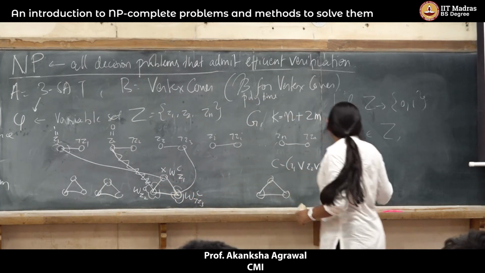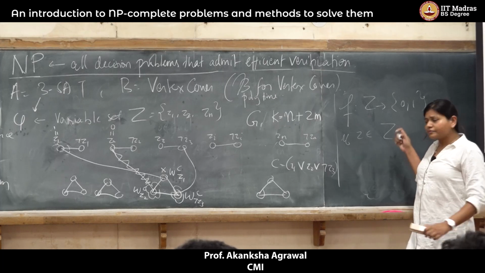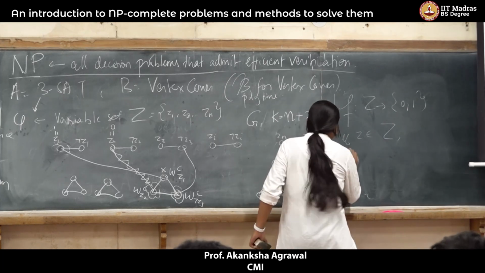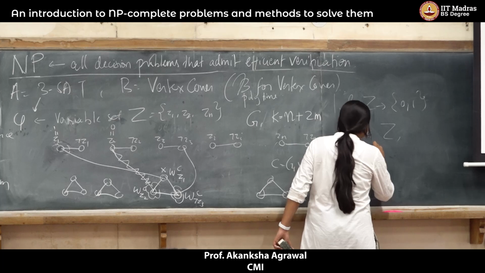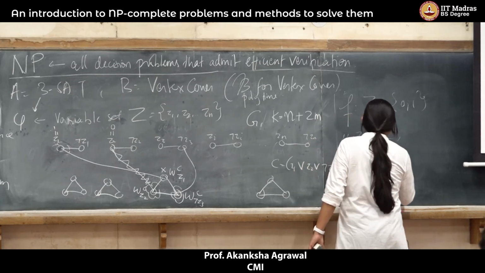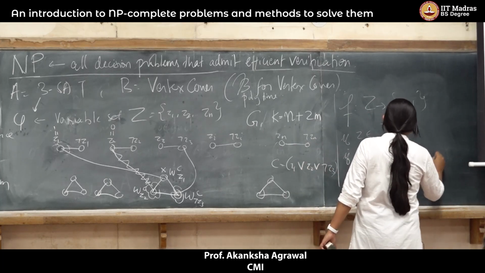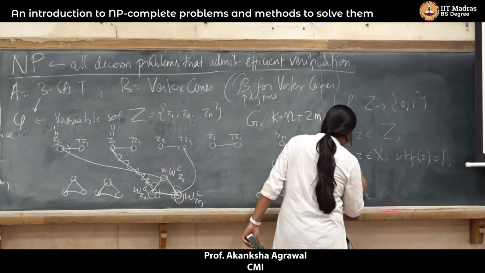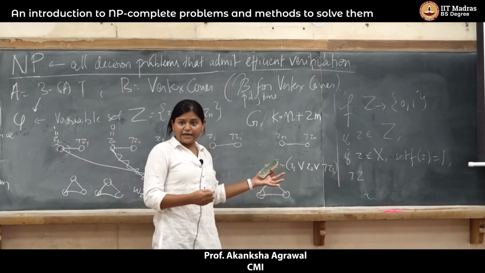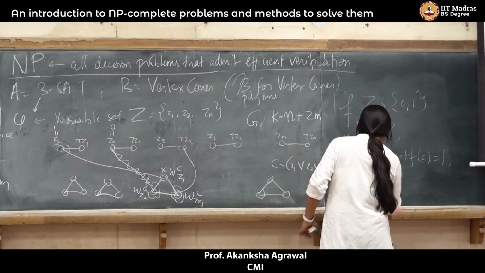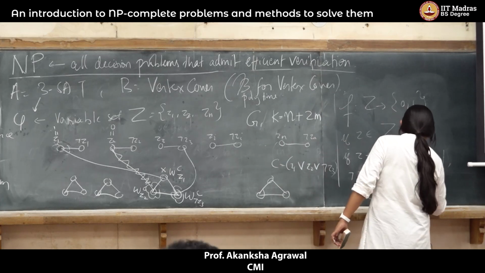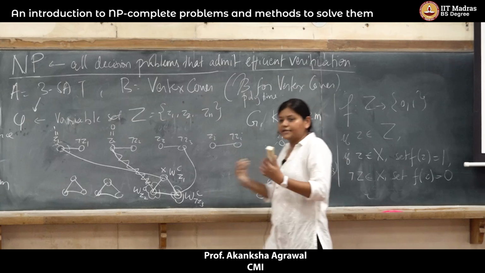So for each variable z in Z, if z belongs to the set X, set f of z equals 1, and otherwise, not of z must belong to X, then set f of z equals 0, which means that not of z is set to true.